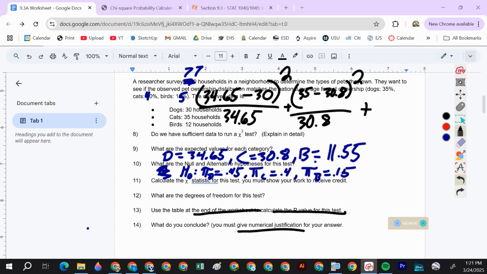Okay, Taylin, what's the last one? 12 minus 11.55 squared over 11.55.